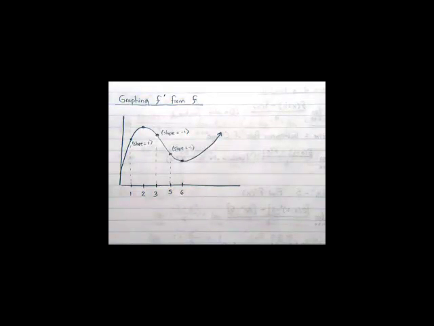Okay. Because an instantaneous rate of change is measuring what about a function? Its slope, right? So if we're trying to figure out f prime from a graph of f, do I care one bit about what the y values are?